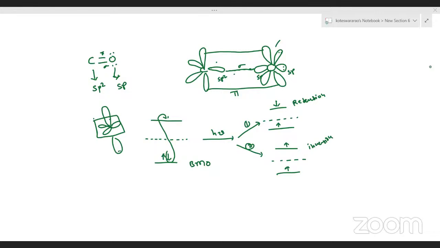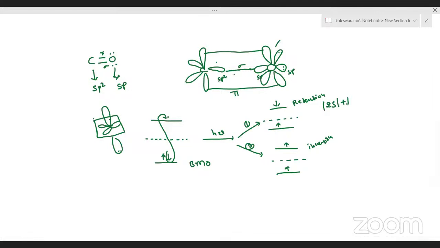When it retains its spin, there is no change in its state. Even though it is in the first excited state, its energy state is expressed with respect to the spin value, which is called multiplicity. By calculating the multiplicity using the formula 2|S| plus 1, we can calculate the spin.